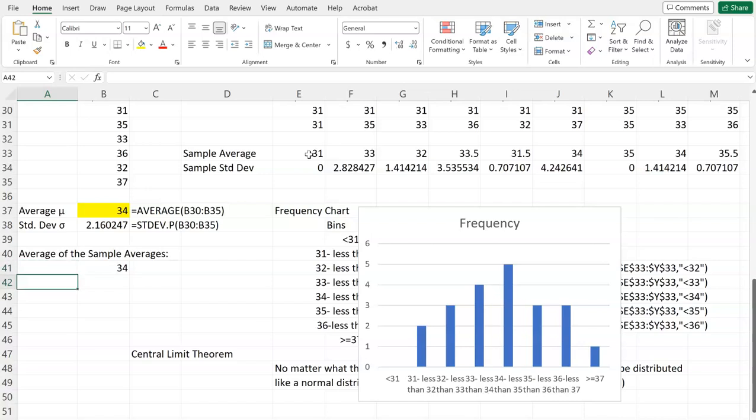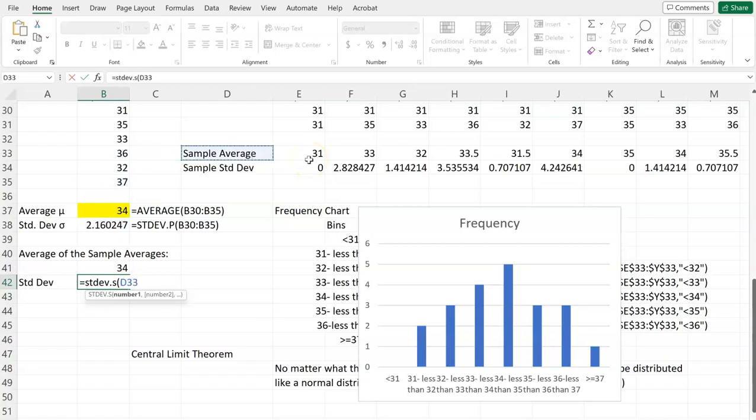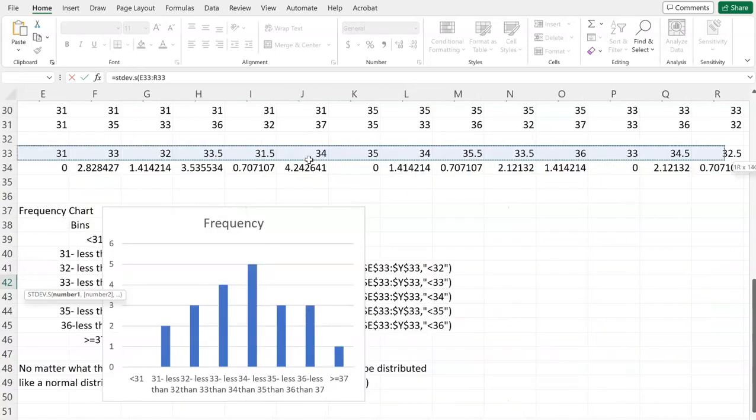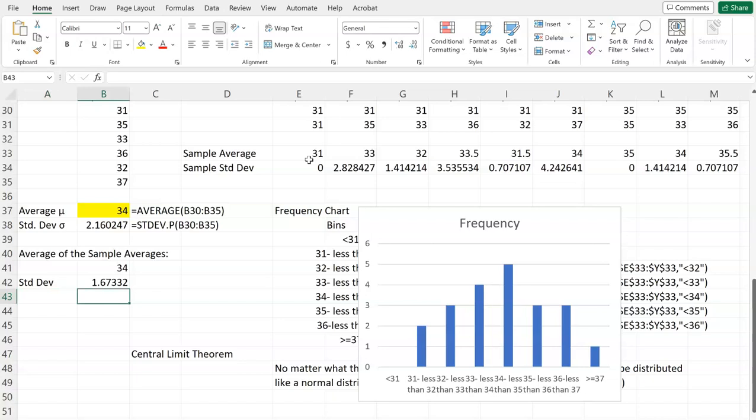And the standard deviation of the sample averages, which I get to be 1.67. So if I take the standard deviation of the population and divide it by the square root of n, the small n, which is 2, let's try that. I should get something very close to that, as you can see.